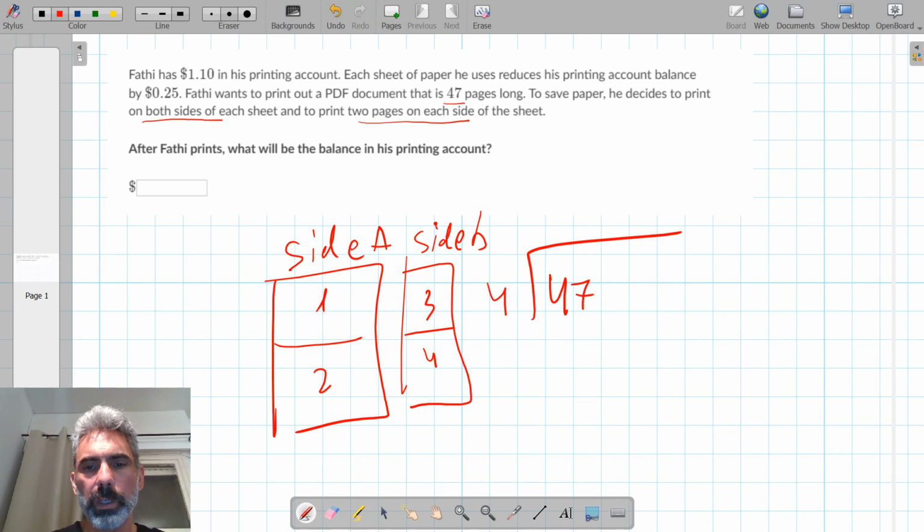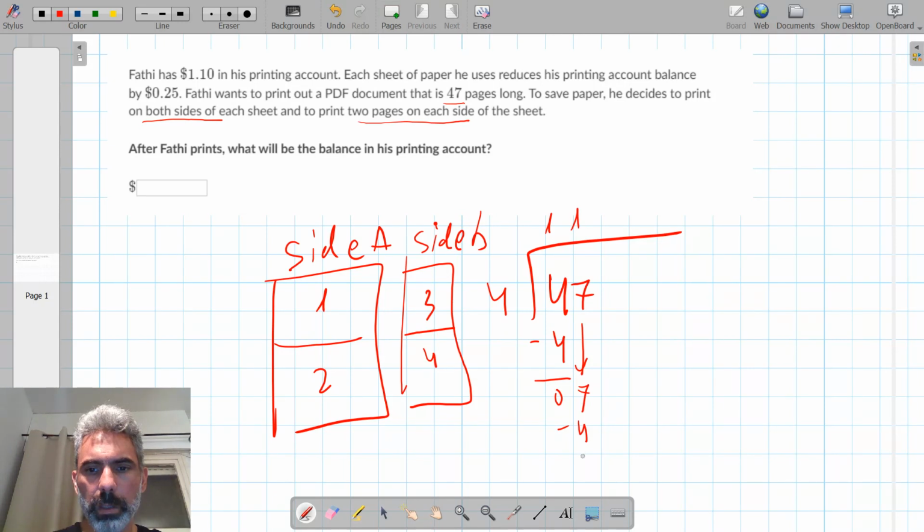So 4 goes into 47 11 times. 4 goes into 4 one time. 1 times 4 is 4. 4 minus 4 is 0. No remainder. 4 goes into 7 one time. 1 times 4 is 4.